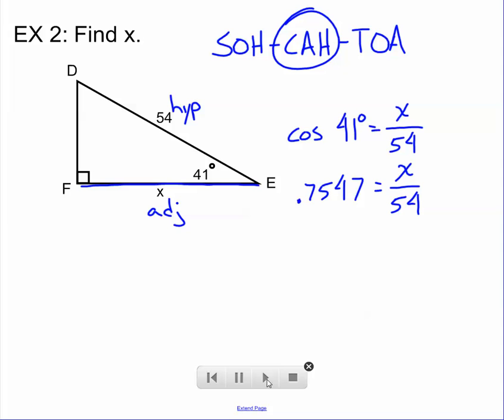And then to solve this, you just multiply both sides by 54. You get about 40.8. That's rounded again. So that's the length of this side. We could use the Pythagorean theorem to figure out this third side, or we could use opposite over hypotenuse to figure out that third side if we wanted to.